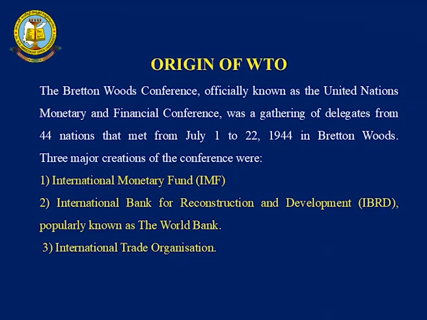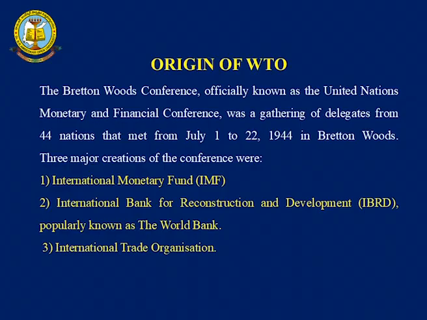Before the WTO, there was the Bretton Woods conference, officially known as the United Nations Monetary and Financial Conference, a gathering of delegates from 44 nations, who met from July 1st to July 22nd in the year 1944 in Bretton Woods.